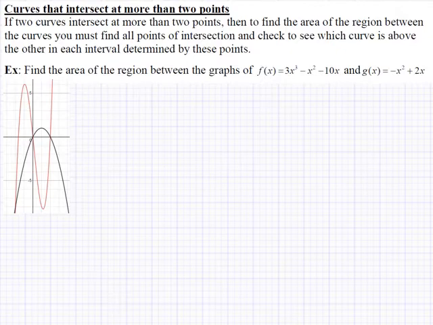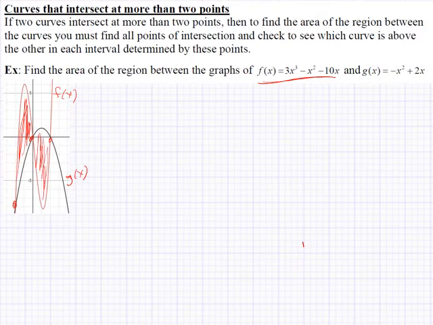And so looking at this picture I have here, you have this red curve, which would be the cubic, that's the f of x, and you have the black parabola, which is your g of x. And graphically, you can see they intersect here, here, and here, bounding this area in here, and bounding this area in here.